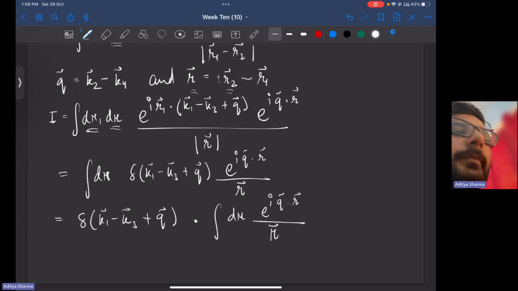If you do this integral, you're going to get 4 pi by q square.